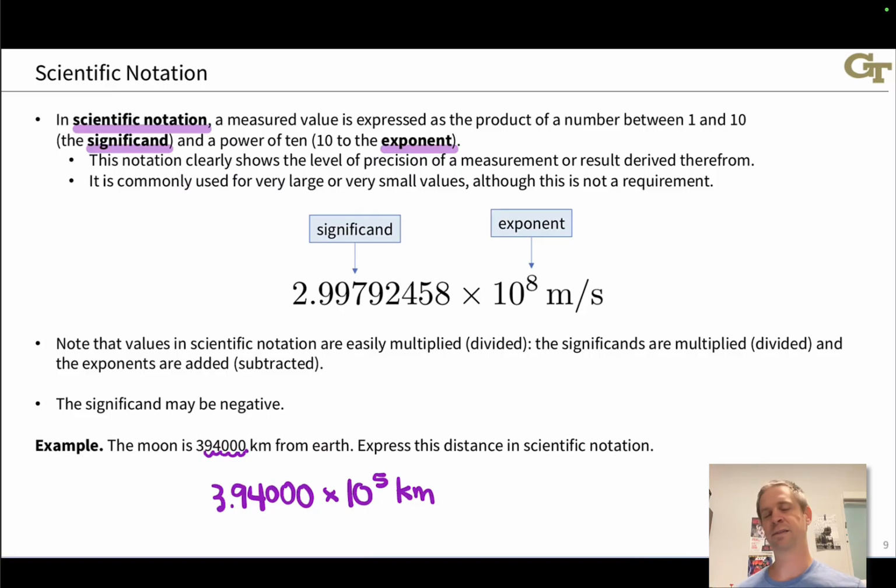We might return to this later in discussions of significant digits, but if those zeros are included in the way the measurement is expressed, they're often thought to be significant. Probably not in this case, since the moon is probably not exactly 394,000 kilometers from Earth, so maybe we should remove those zeros. But more often than not, we'll include even trailing zeros when we write out scientific notation like this.